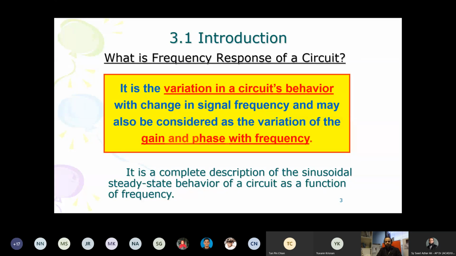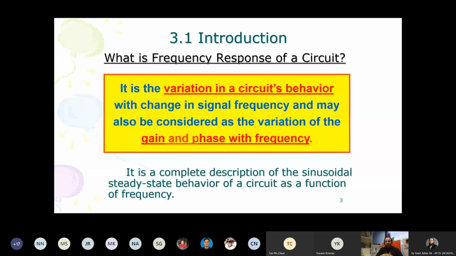Okay. Let me tell you. As the name says, a step response is the response of some system or circuit to a step input. An impulse response is the response of the system when the input is an impulse.